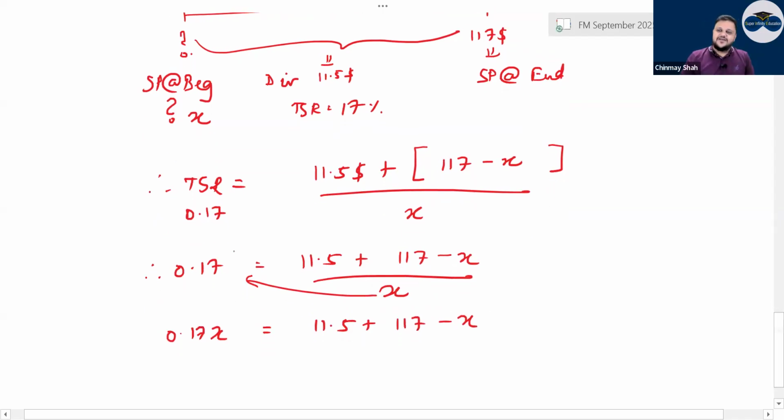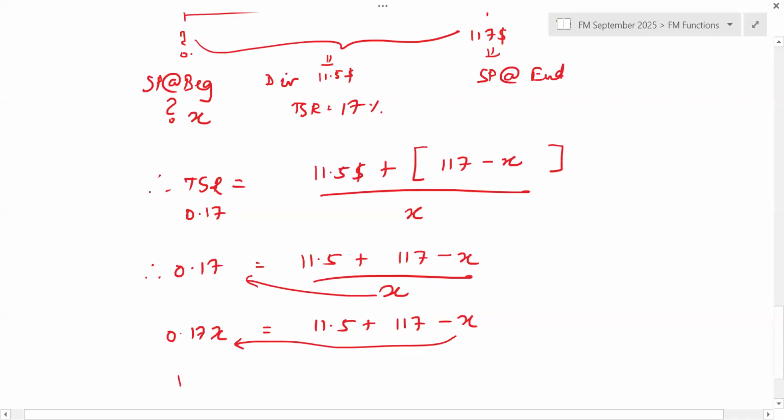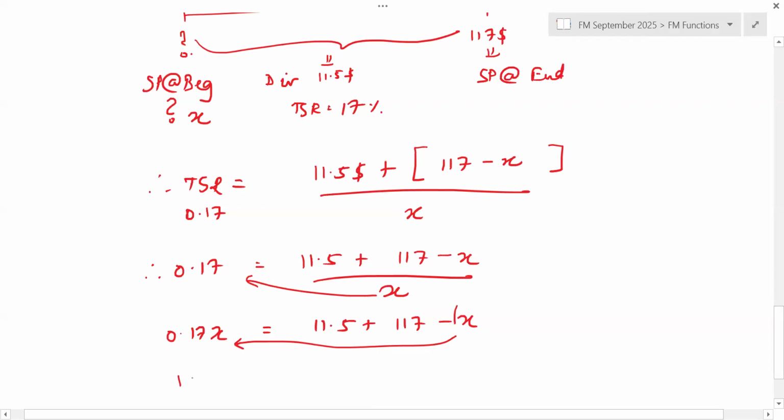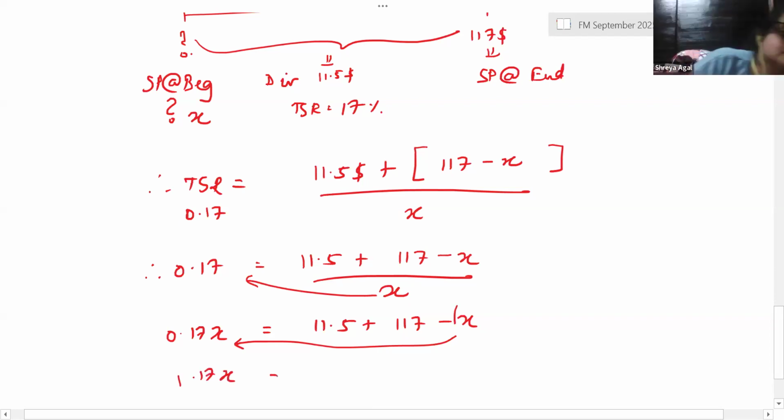It is minus, so when it goes this side, what will happen? Add or deduct? Plus. So will it become 0.27 or 1.17? 1.17X is equal to 11.5 plus 117.